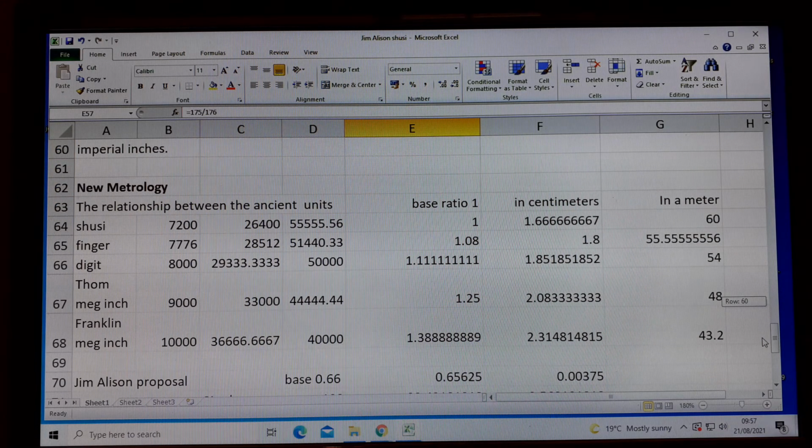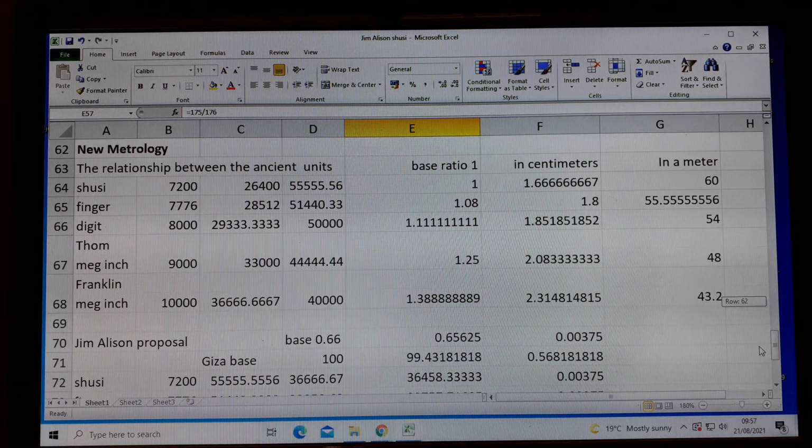So let's have a look at where this is taking us, because this is fantastically complicated. It's taken me a long time to work it out. But before Jim worked out where the Shusi sat within the ancient units, I knew from my book, From Stonehenge to Giza, that there are 10,000 units in a Hugh Franklin megalithic inch.